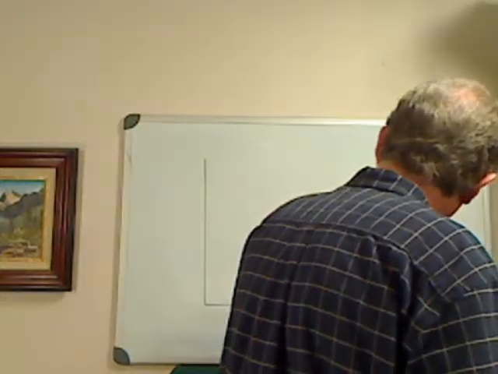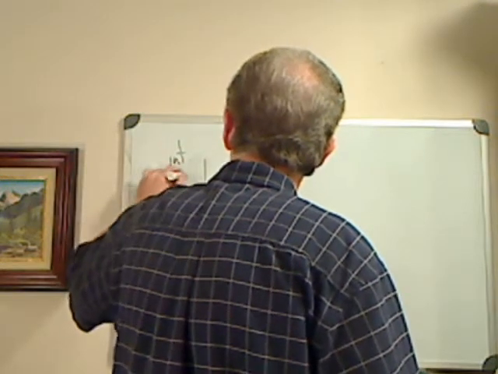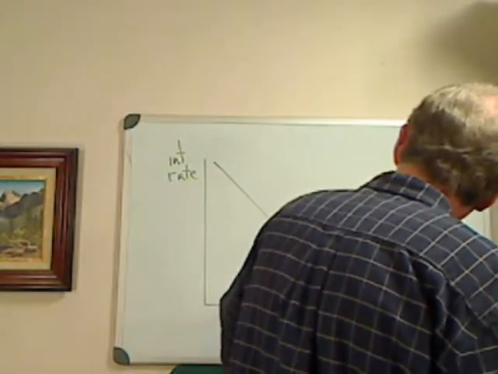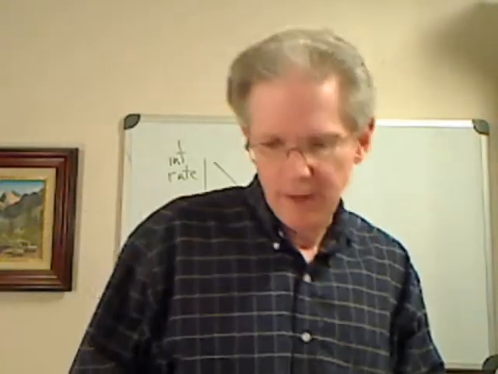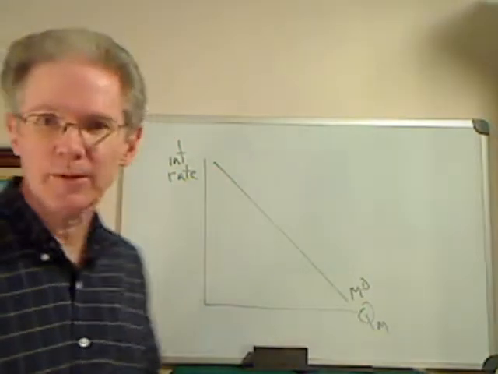The quantity of money on the horizontal axis and the interest rate on the vertical axis. We're going to assert that the money demand curve is a negatively sloped line. Anytime you see a curve, ask yourself, what does the slope of that curve tell me? If it's negatively sloped, that tells you something about the relationship between the two variables.